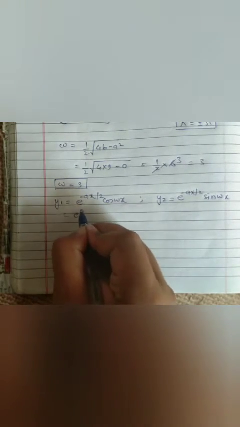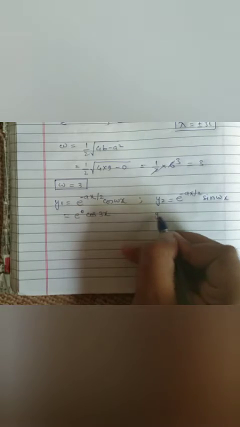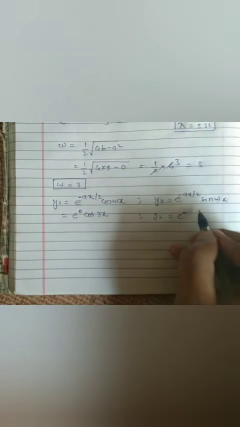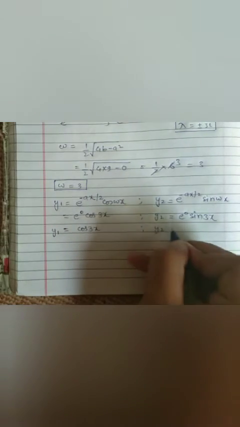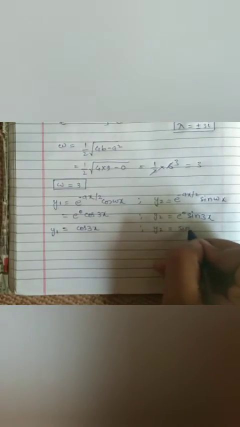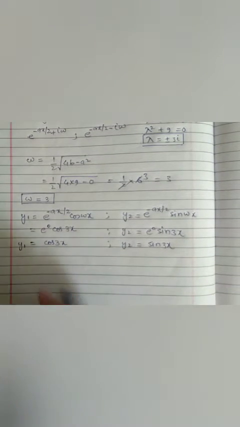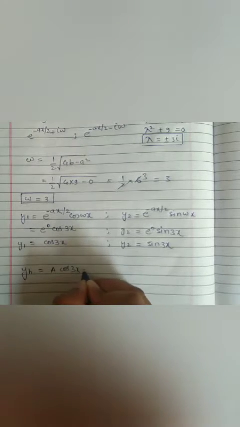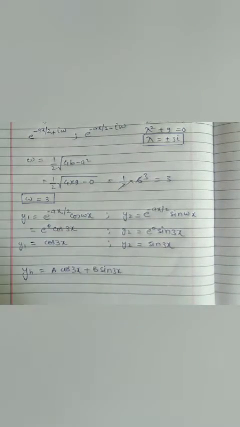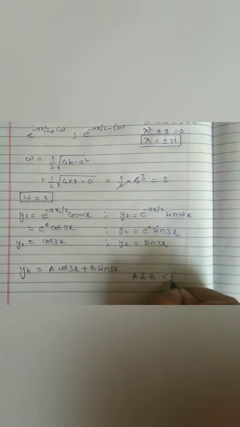This comes to be e power 0 cos 3x and e power 0 sin 3x, so y1 will be cos 3x and y2 will be sin 3x. yh is the superposition of both these solutions, so yh equals a cos 3x plus b sin 3x, where a and b are constants belonging to real numbers.